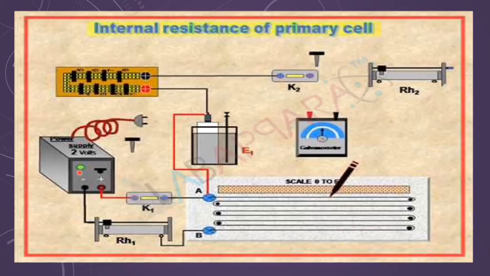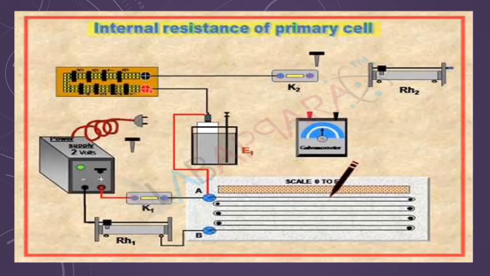This is the battery eliminator. We can give 4 volt or 2 volt depending upon the EMF of the cell I am using. Galvanometer. I need resistance boxes, and rather than one, we will give you two in the lab.